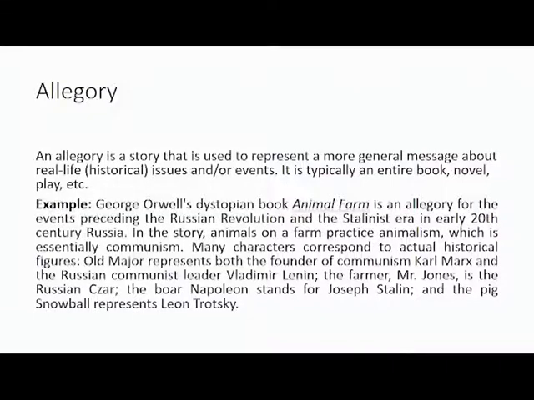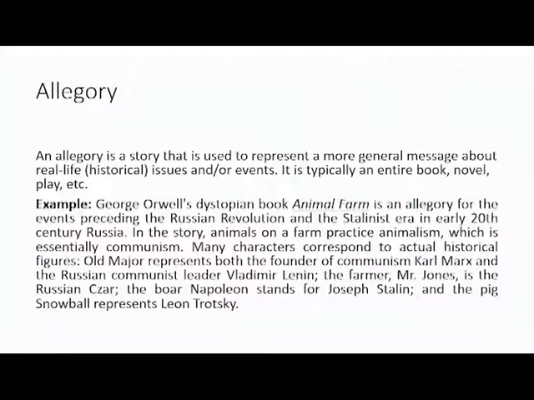For instance, George Orwell's dystopian book, Animal Farm, is an allegory for the events preceding the Russian Revolution and the Stalinist era in the early 20th century of Russia. In the story, animals on a farm practice animalism, which is essentially communism. Remember, communism is mostly associated with Russia. Many characters correspond to actual historical events.